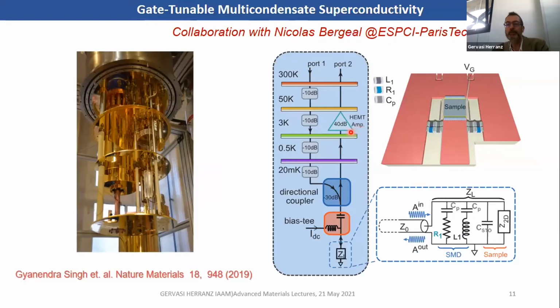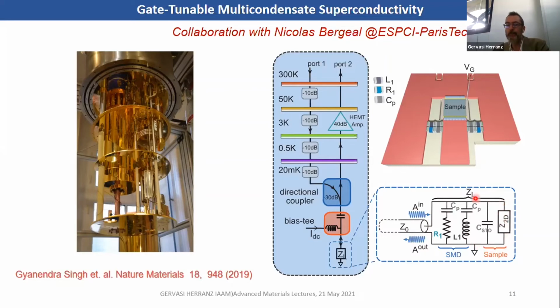And here the purpose was to look at the superfluid stiffness, trying to measure the stiffness using a microwave resonance circuit. The idea is that this microwave resonance circuit has its own resonance, but coupled to the circuit there is the sample, which in this case is the quantum well oxide.